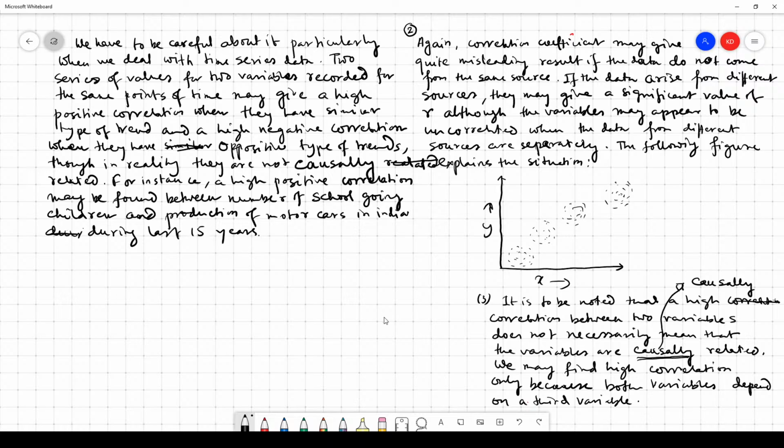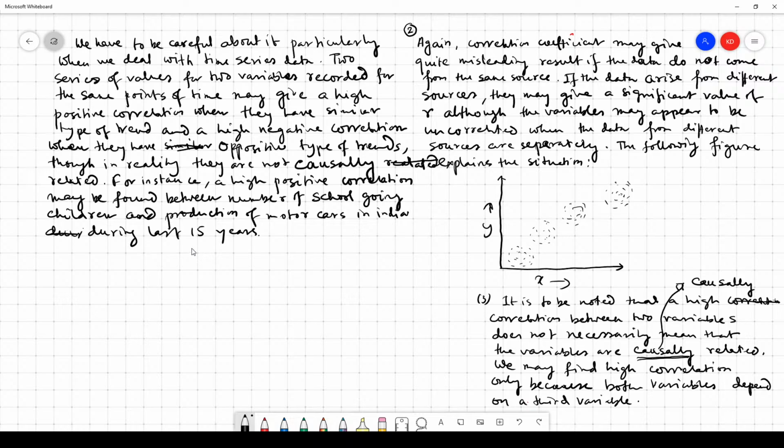See that these variables are not related, but numerically we get a positive correlation. Actually, production of motor cars does not have any impact on the number of school going children, whether it increases or decreases.